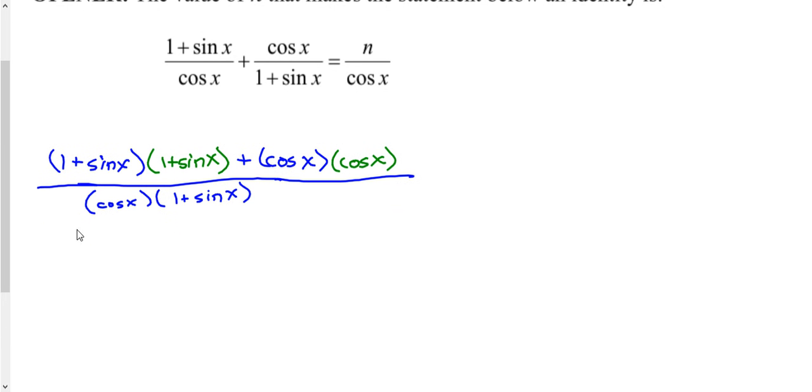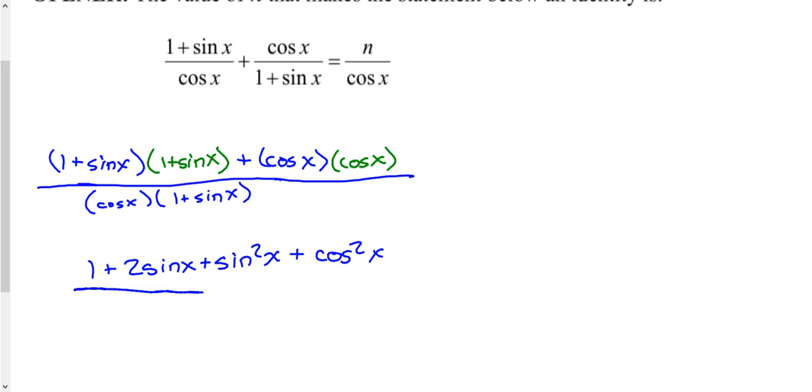This gets me 1 plus 2 sine x plus sine squared x. And then here cos and cos is going to make plus cos squared x. And our denominator is still the same, no changes there. And so I should write down my denominator cos x and 1 plus sine x.